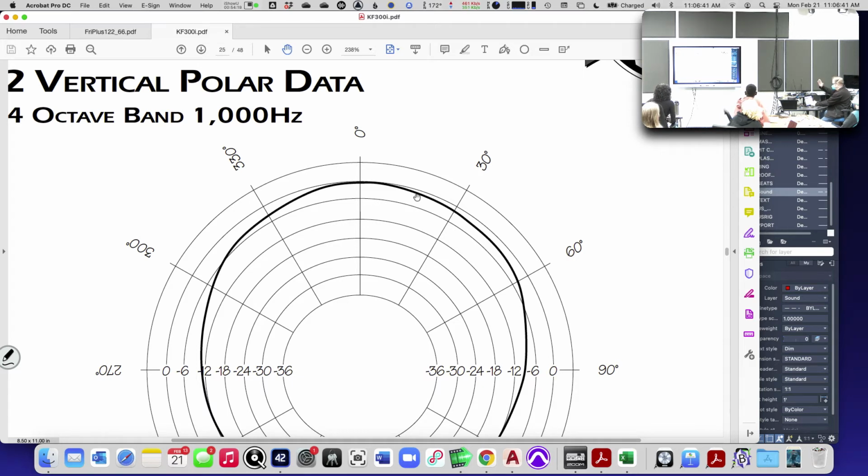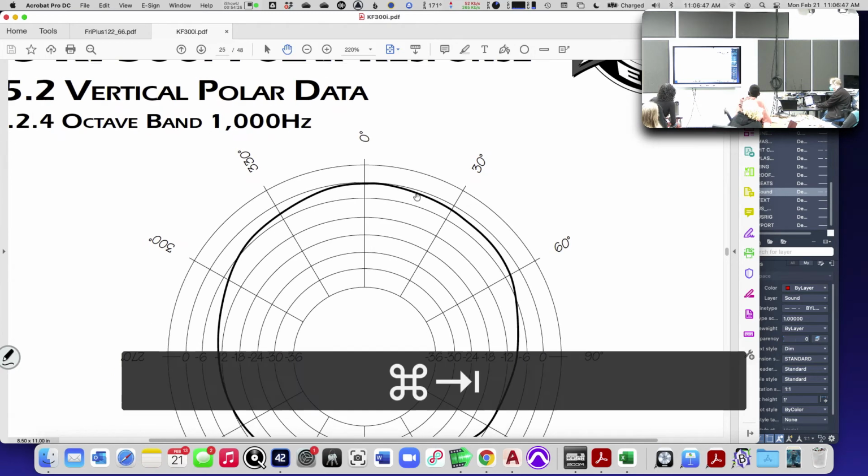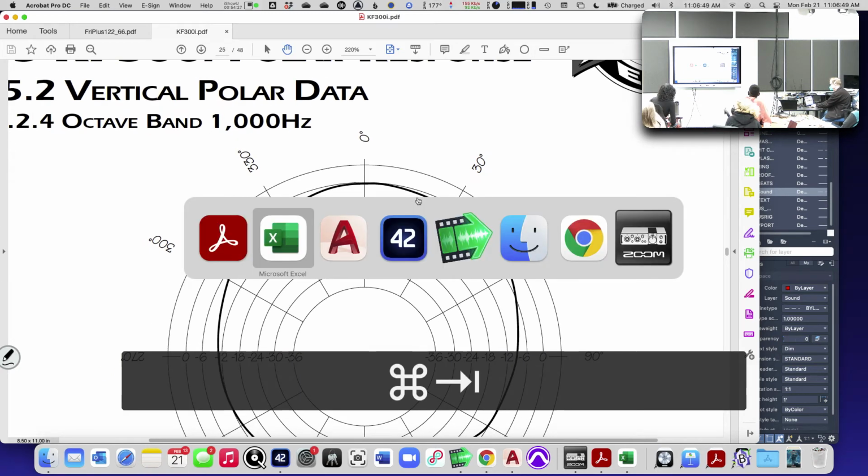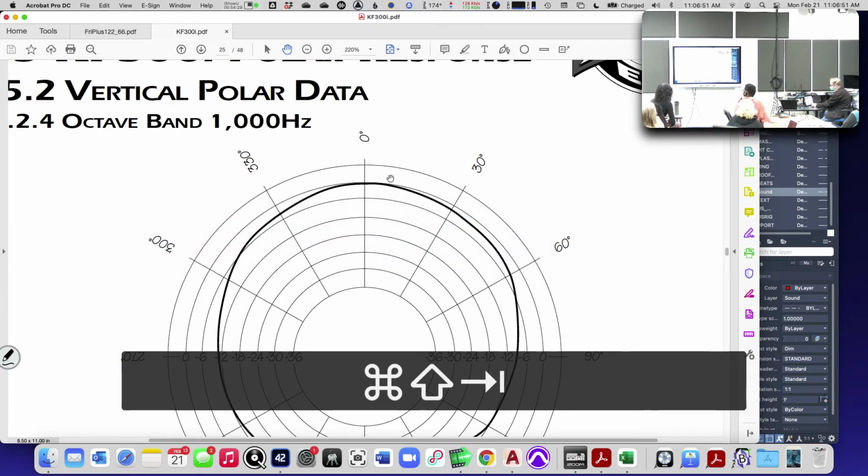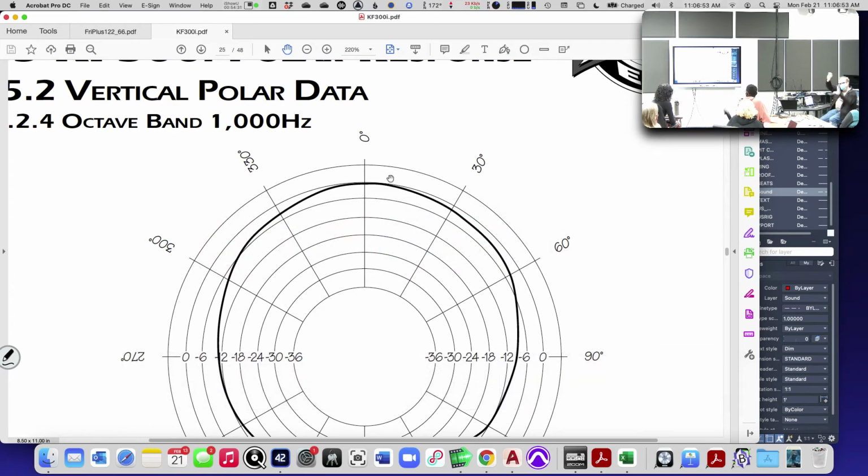That's going down to the right, because remember, the other one had the loudspeaker tilted so that the 0 was over to the right. This one has it to the front, or to the top.